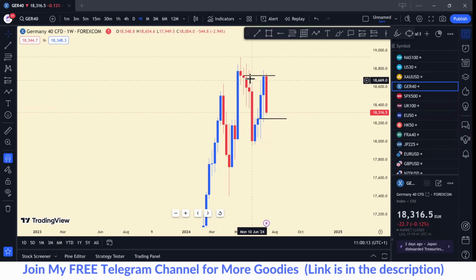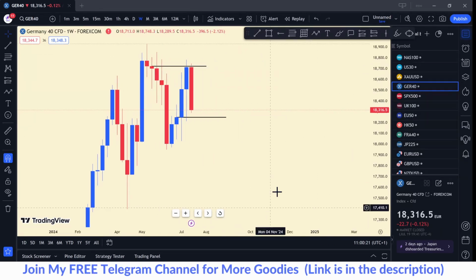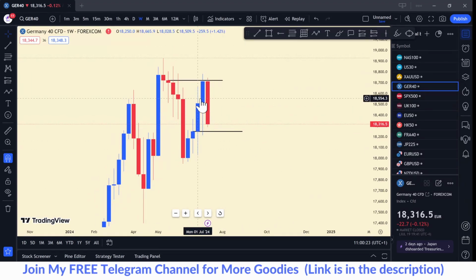Though we have 1, 2, this is the third touch here. That's the third touch. But let's see what happens. So we have a kind of range here, from this level to this level. We move from here, tap in here, and then we are coming back.